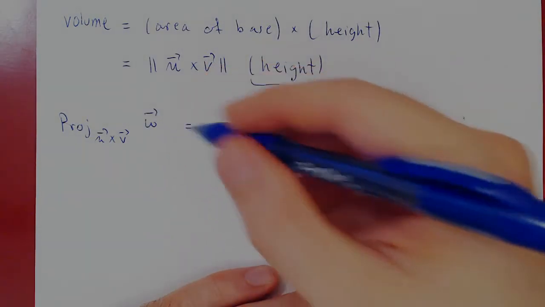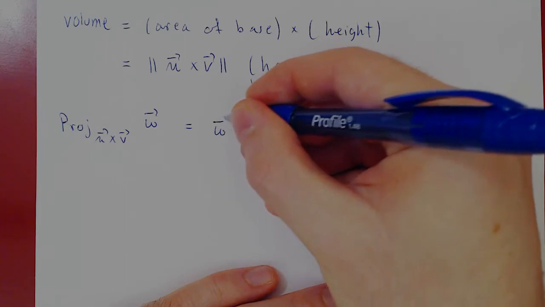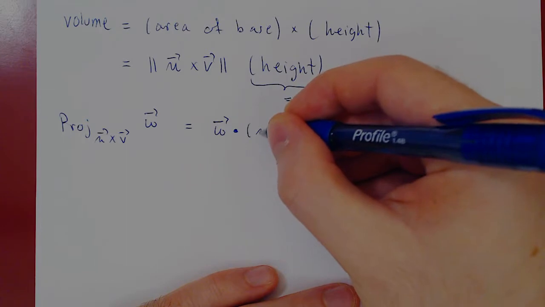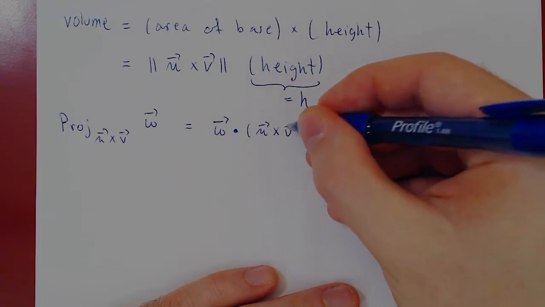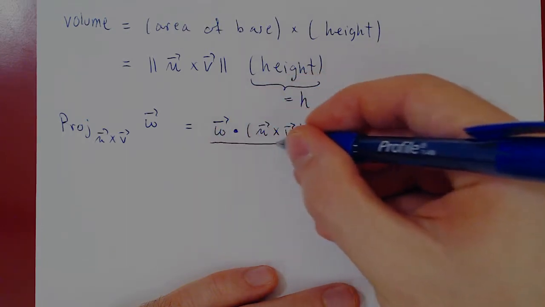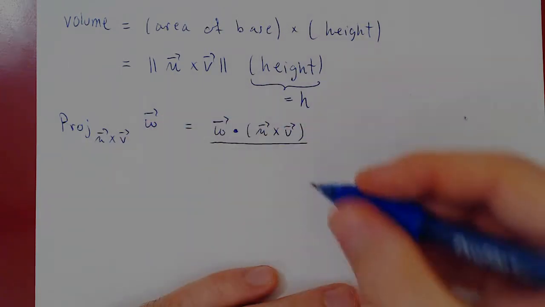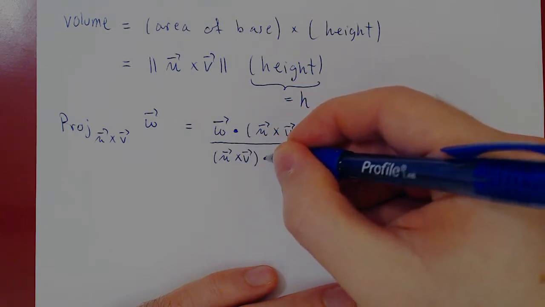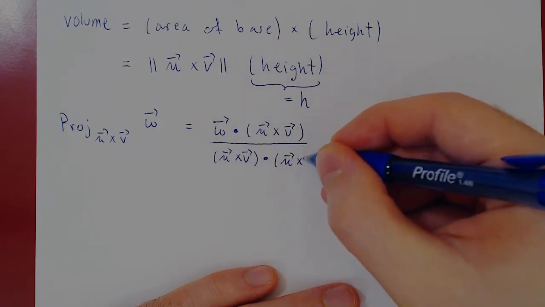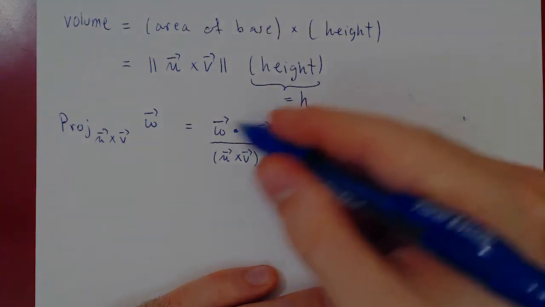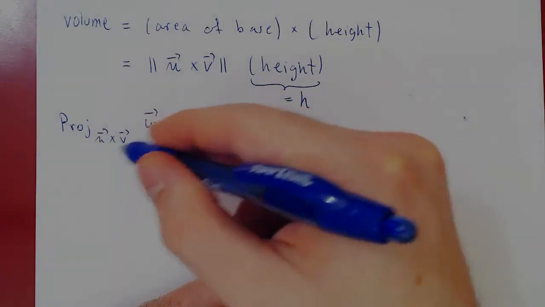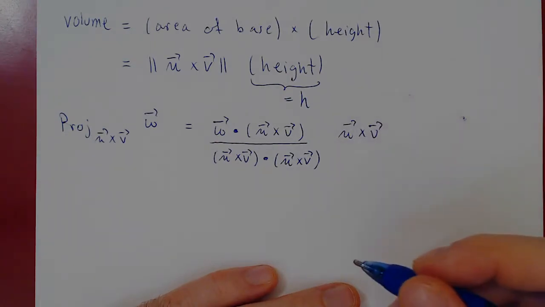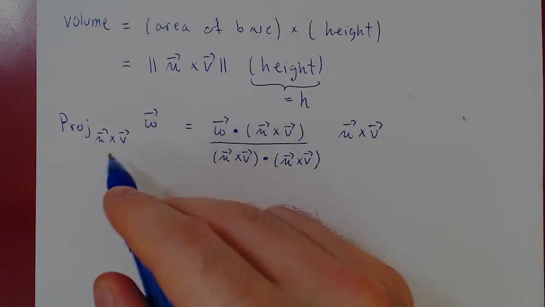It is w dotted with u cross v over u cross v dotted with u cross v times, this is just a scalar, times the vector u cross v. And that is the projection of w onto u cross v.